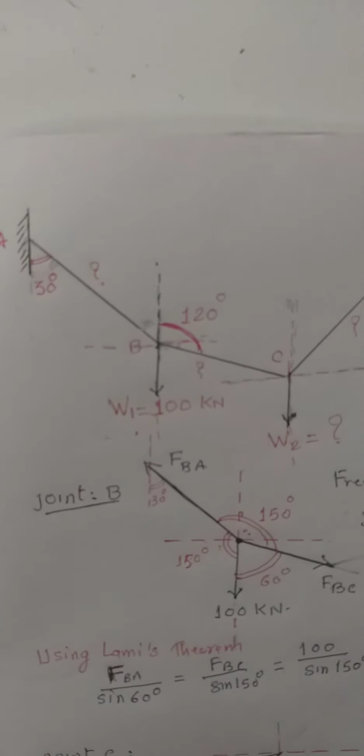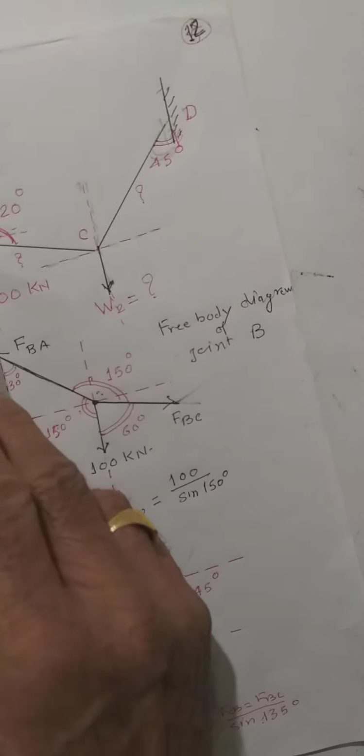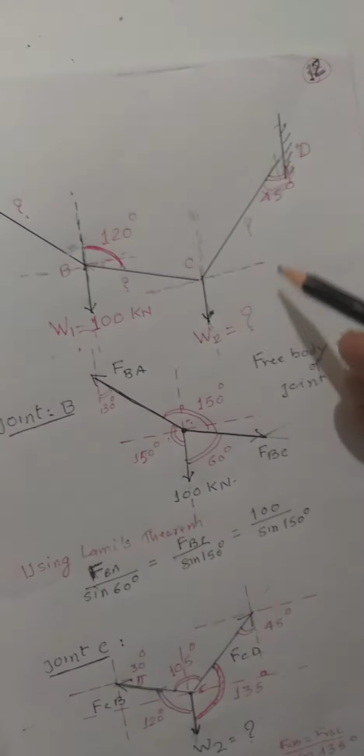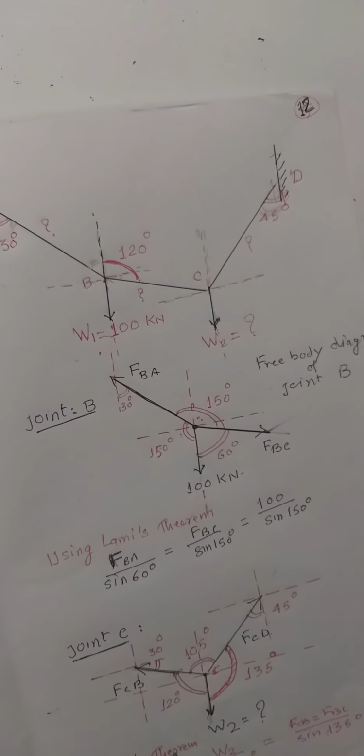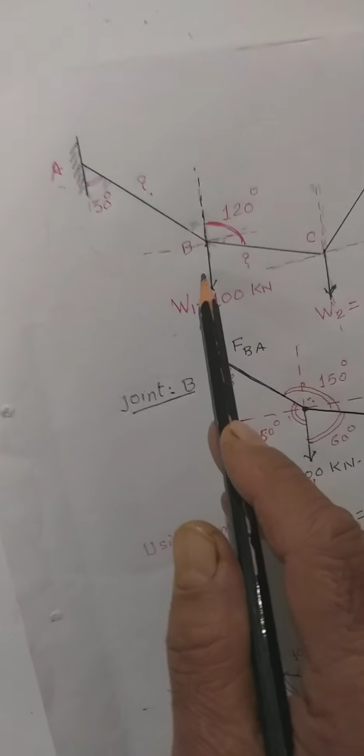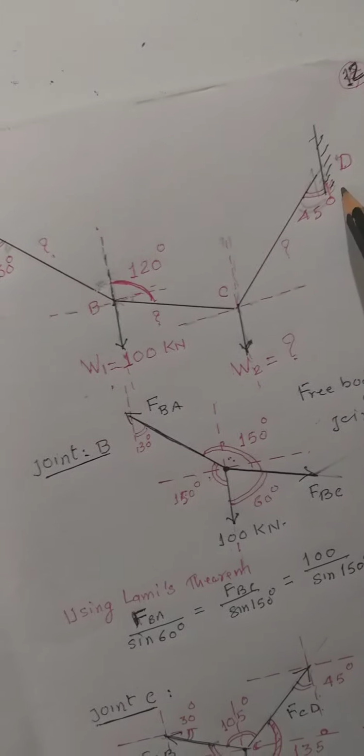The next one, I will go for such a type of problem in which A, B, C and D are points connected by a number of ropes, AB, BC and CD.